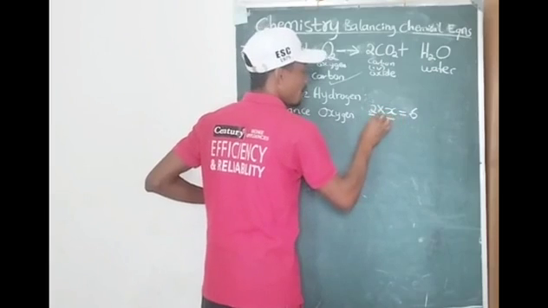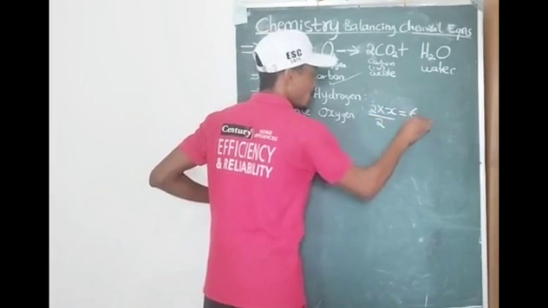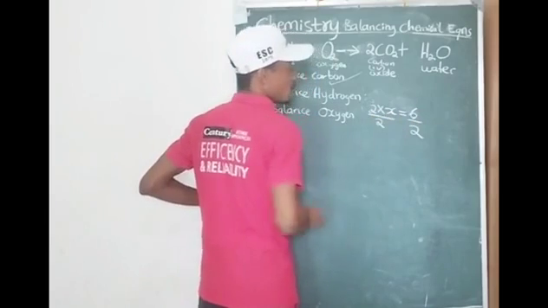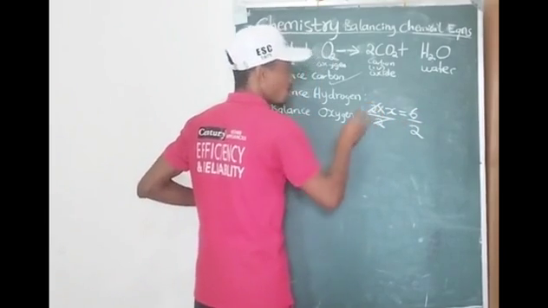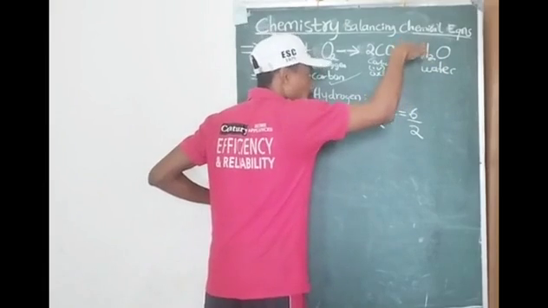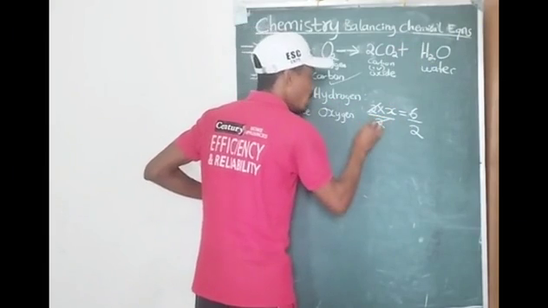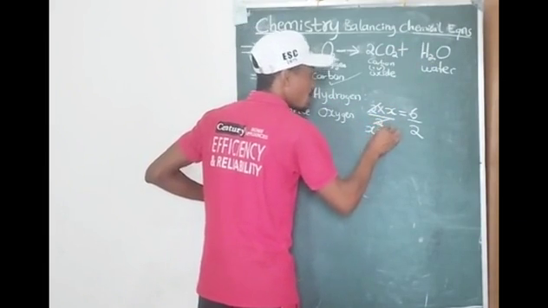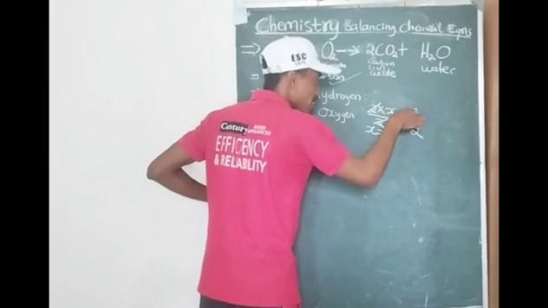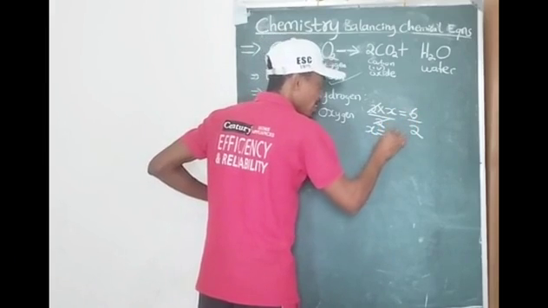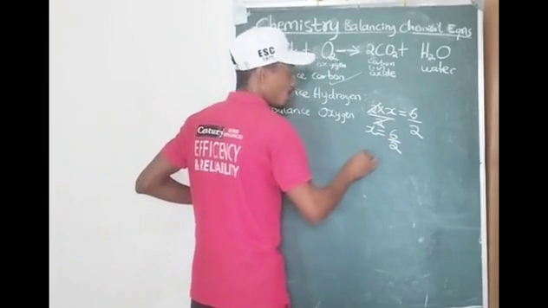Divide both sides by 2. 2 cancels 2, so x is equal to 6 divided by 2.